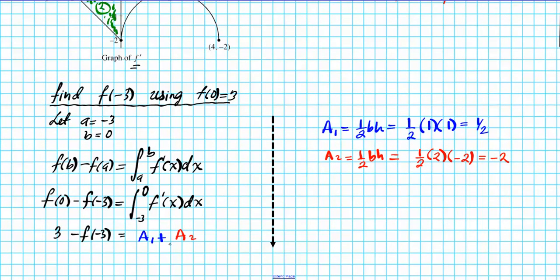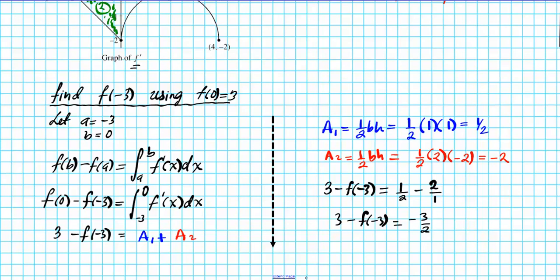So let's go back to the equation. 3 minus f of negative 3 is equal to 1/2 minus 2. Okay, we just put it 2 over 1. 3 minus f of negative 3, 1/2 minus 2. Just carry out the subtraction. You get negative 3/2. You can just write it as 4 over 2 and subtract. So negative 3 over 2.